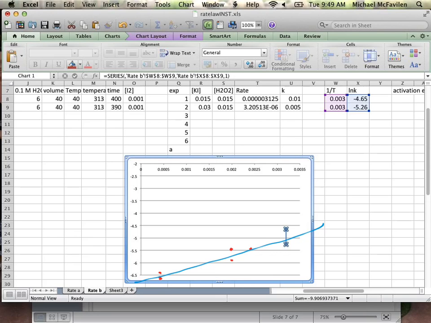That is approximately what your graph will look like, okay, if everything goes perfectly. Excel will then give you the equation of the straight line equals negative, let's say, 4,000 x plus, it's going to say minus, let's say it's 7.